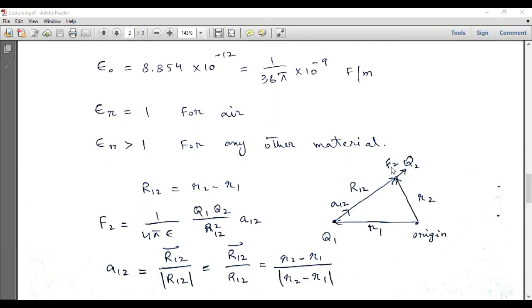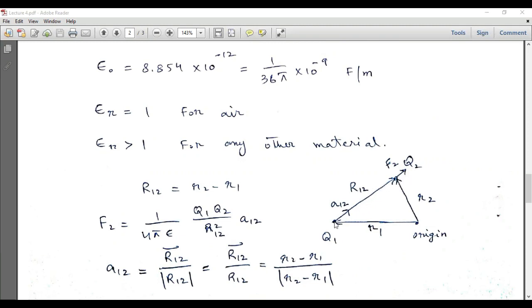So F2 is the force exerted on charge Q2 due to Q1, and the direction of this force will be from Q1 to Q2, and the position vector that will be used is R12.